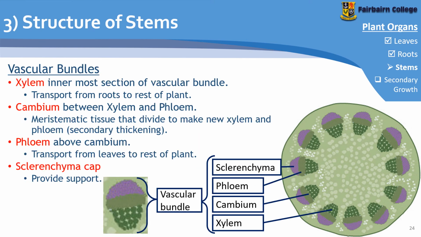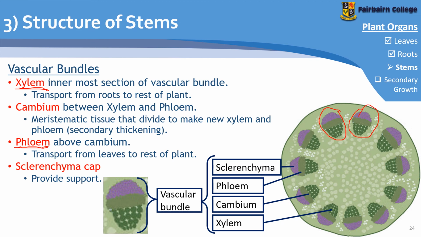Then we get to the primary area inside of the stem, which are the vascular bundles. You'll see a bunch of these acorn-looking structures, which we refer to as vascular bundles, vascular referring to transport. Here we will find the transport tissue, the xylem and the phloem, but there are also some other structures.